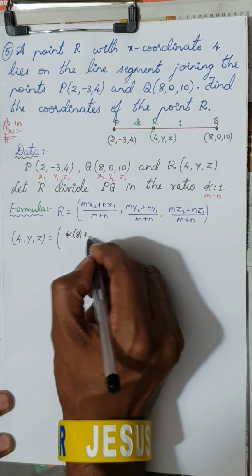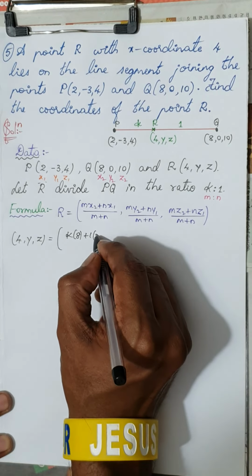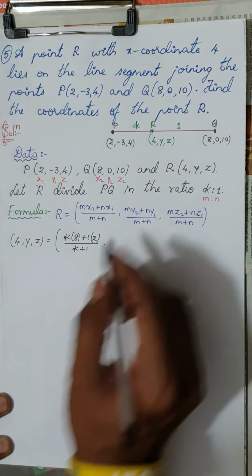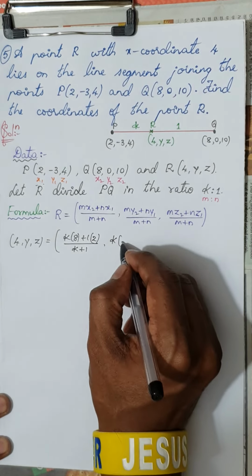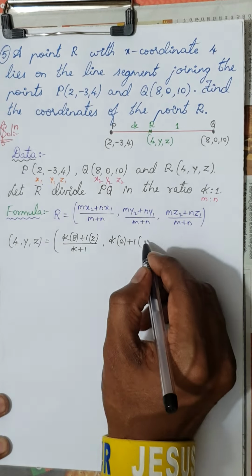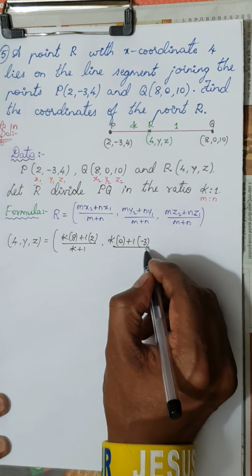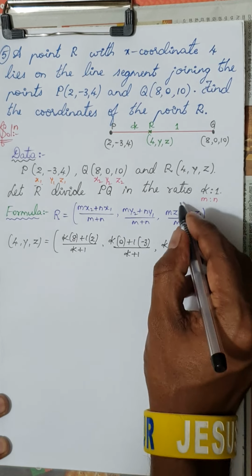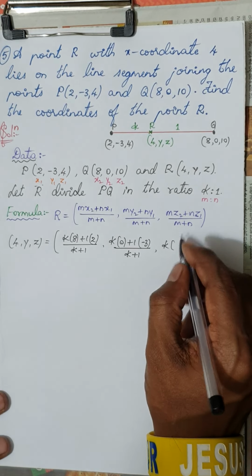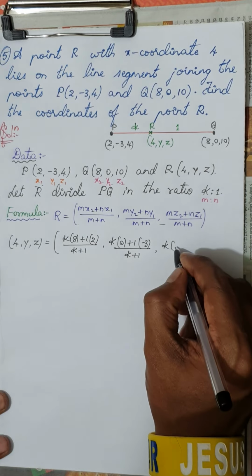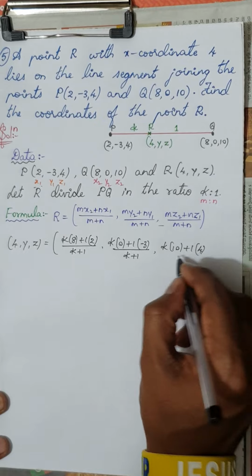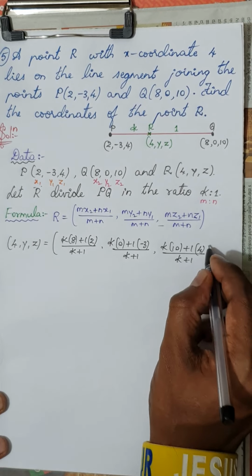So k into 8 plus 1 into 2, x1 is 2, divided by m plus n, that is k plus 1. Similarly, k into y2 is 0 plus 1 into y1 is -3 divided by k plus 1. Similarly, k into z2 is simply 10, okay, plus 1 into 4 divided by k plus 1.